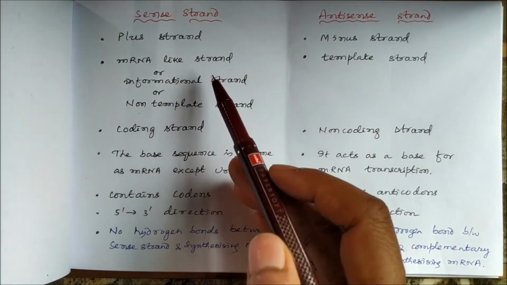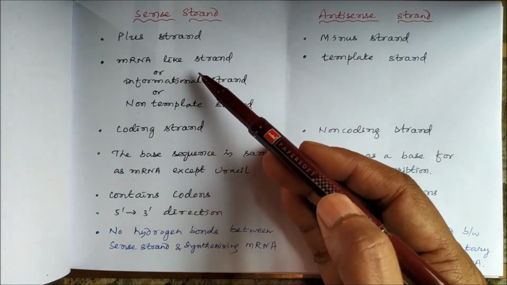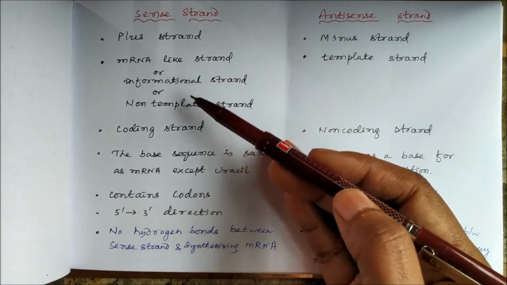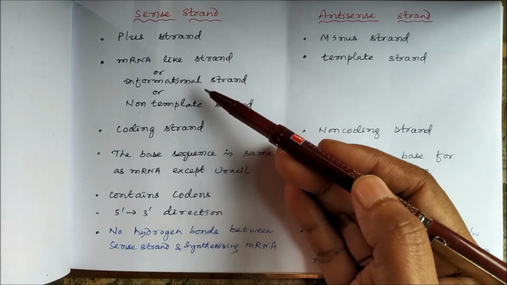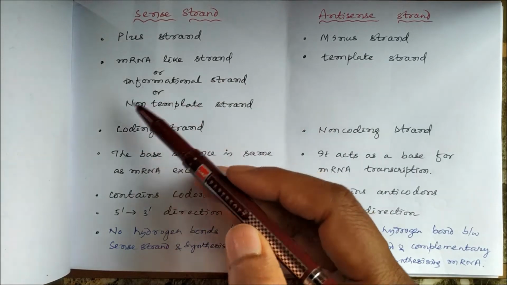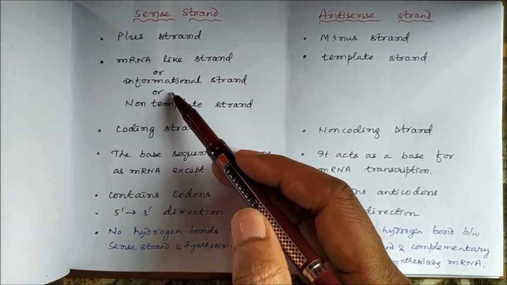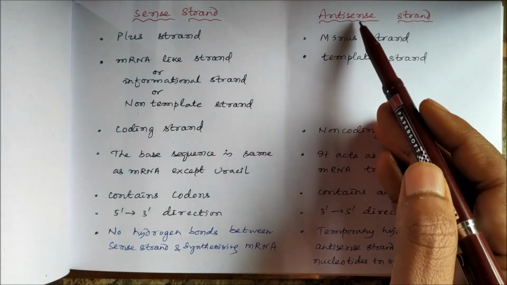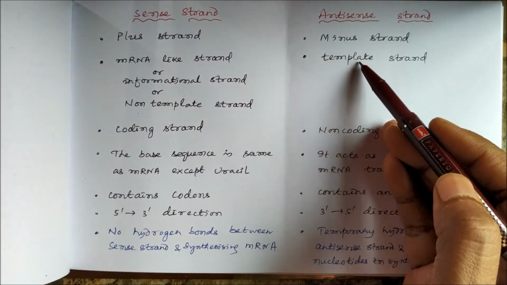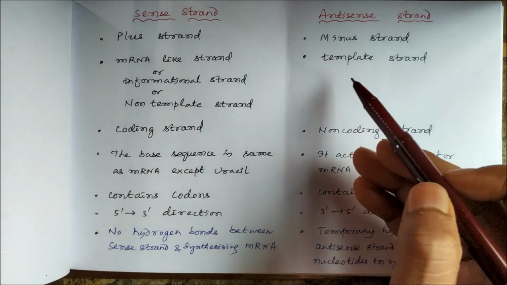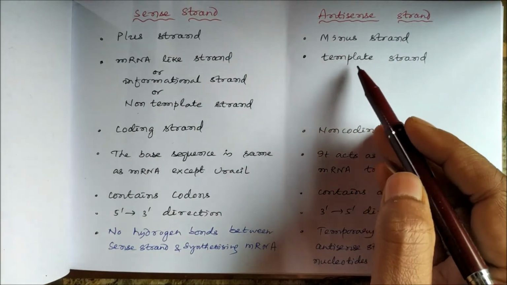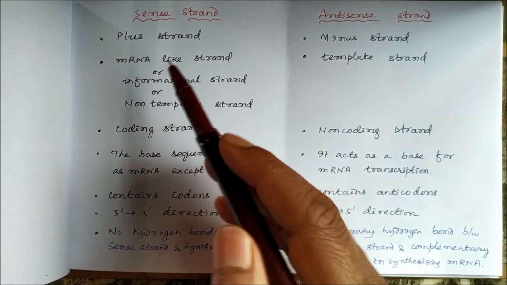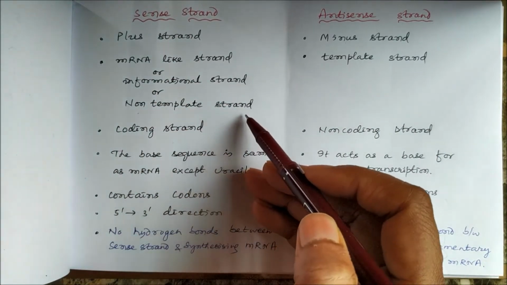It is the source from which your protein synthesis occurs, so it is also called the informational strand. Since the antisense strand acts as a template for mRNA synthesis, it is called the template strand. So we can say the sense strand is the non-template strand.